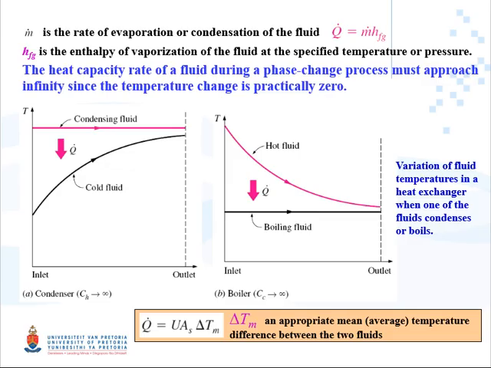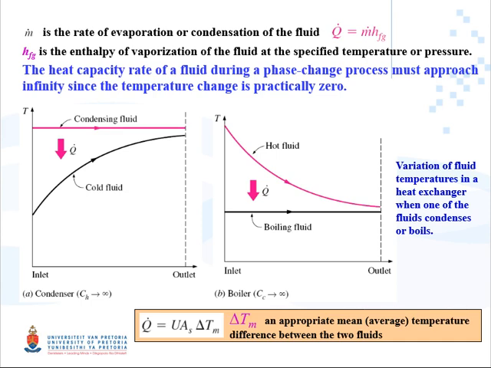But in boilers and condensers, we said that they involve the phase change process. So during the phase change process, we know that the temperature will stay the same. Why does temperature stay the same?